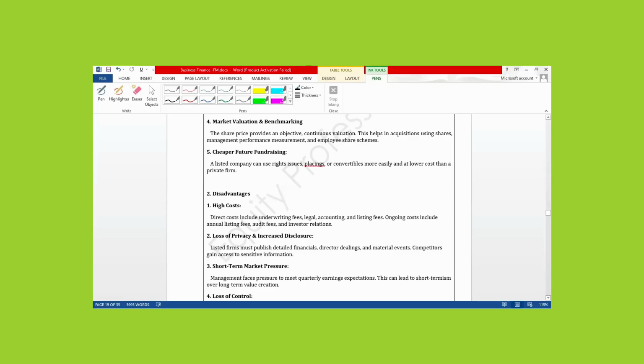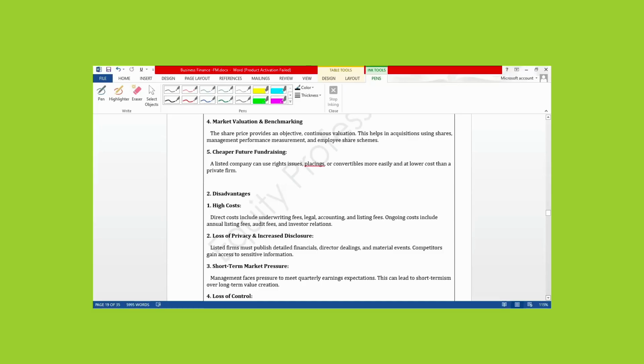For you to get your company listed, you are going to incur costs. You are going to engage lawyers, accountants, stockbrokers. After that, ongoing costs, annual listing fee, audit fee. All this will increase the company's cost.